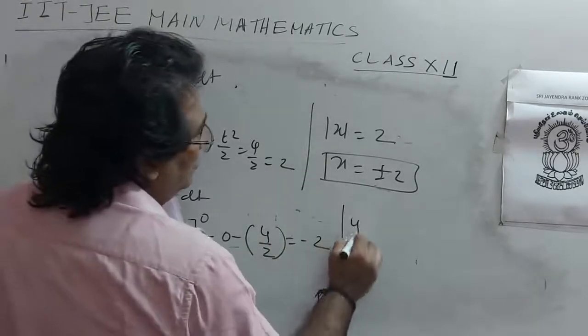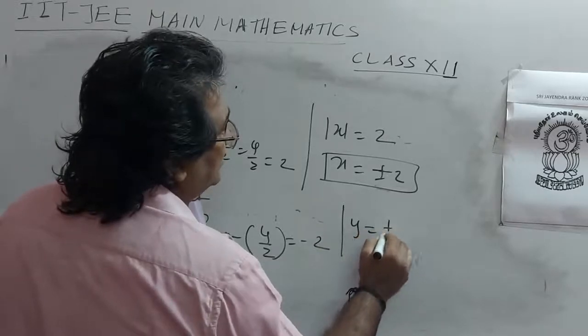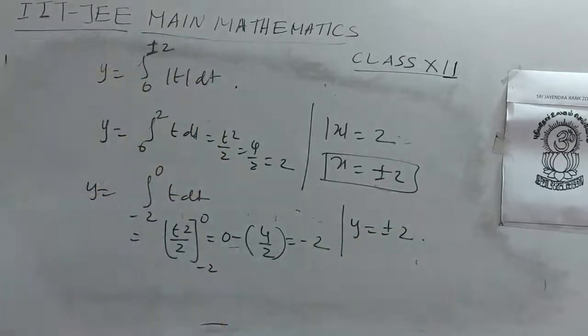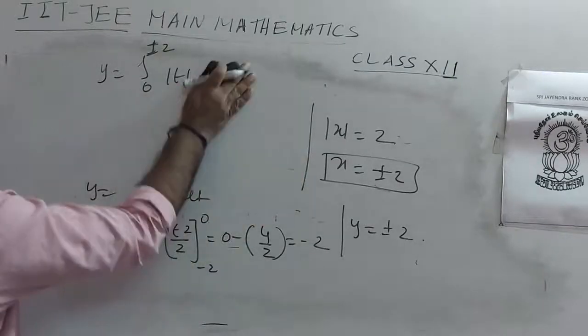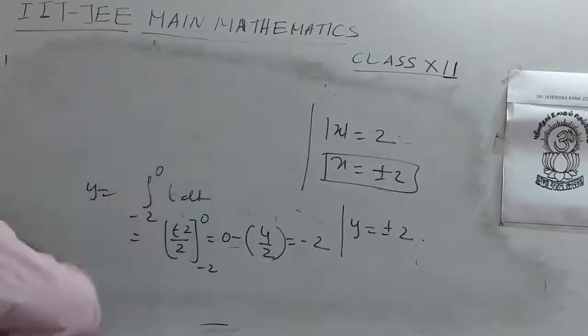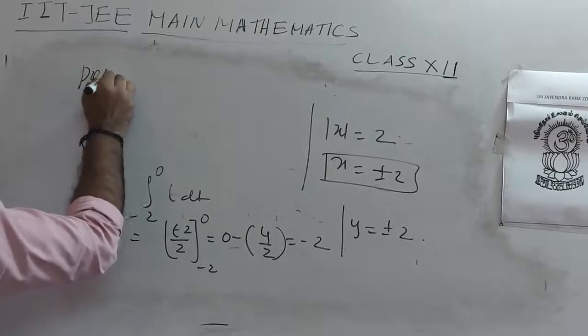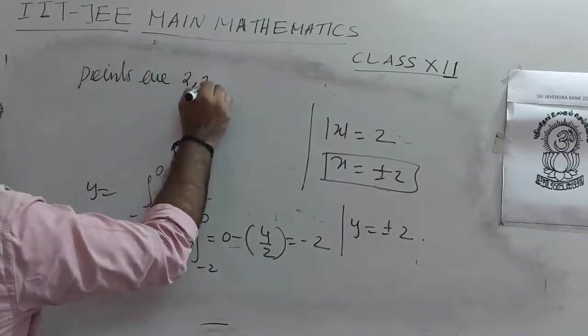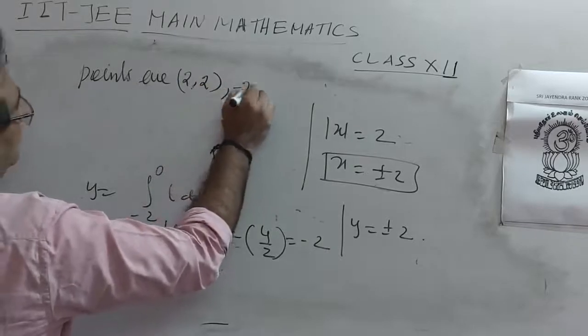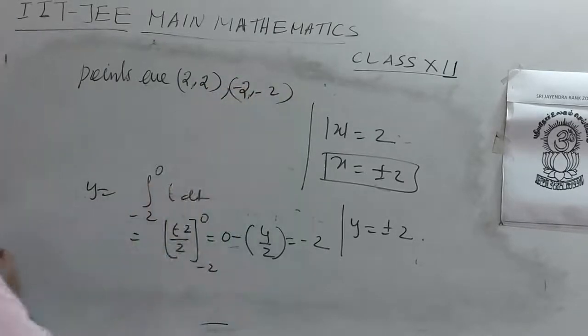So y also is plus or minus 2. So points are (2, 2) and (minus 2, minus 2).